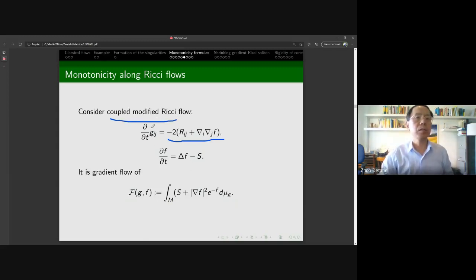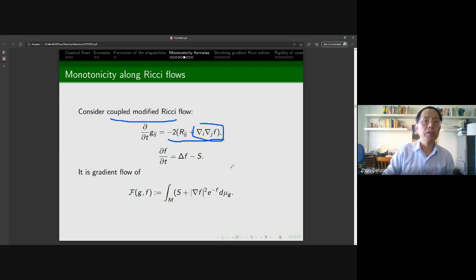That means you add an additional term here. It was only for the metric. Now he increases the space of functions and adds a rescaling factor.